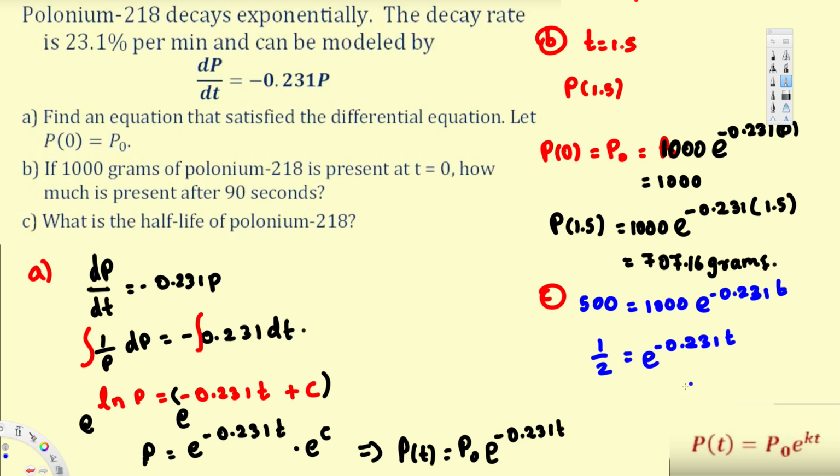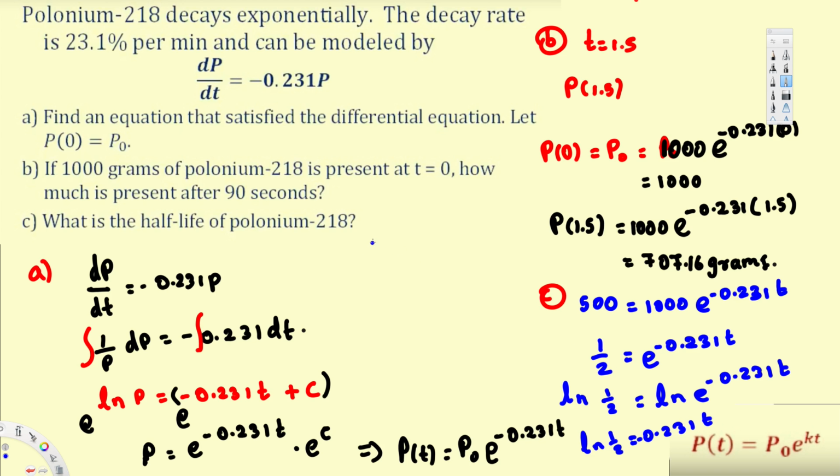To get rid of this e, we can take ln both sides. This is going to become ln(1/2), and on the other side we are going to have ln of e^(-0.231t), and we can move this -0.231t to the front, and ln e becomes 1. So ln(1/2) = -0.231t.